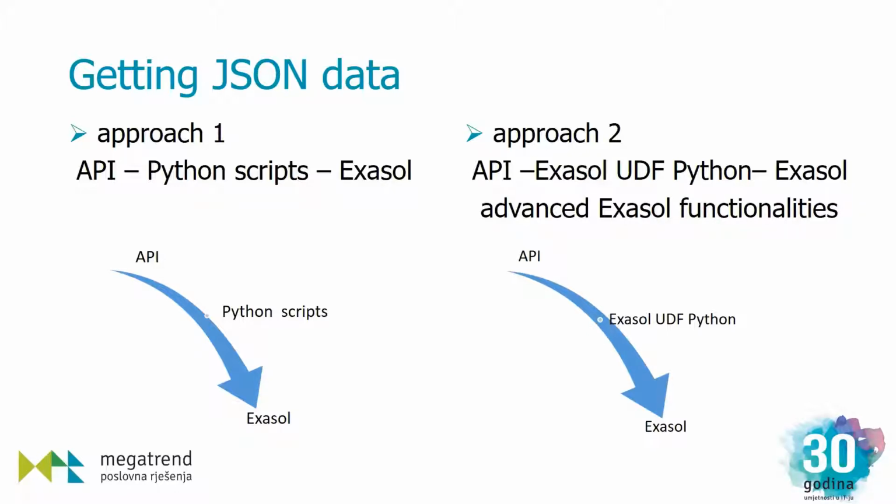But when we explored the database, we saw some of the UDF Python scripts as some advanced Exasol functionalities. So why not try something new? Why not learn something new? So we chose approach two.